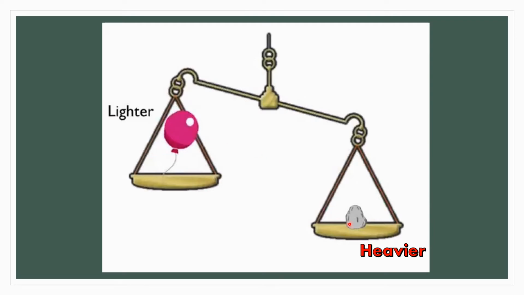I have put the stone on one pan and the balloon on the other pan. If you see, the pan on the right hand side, where the stone is kept, goes down, and the pan on the left hand side is up.